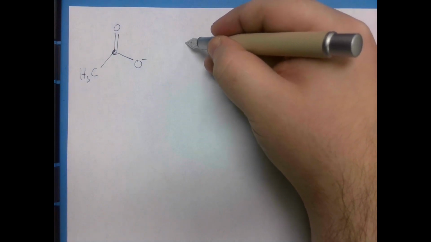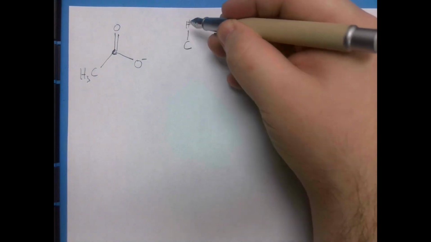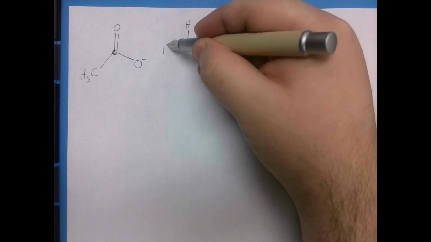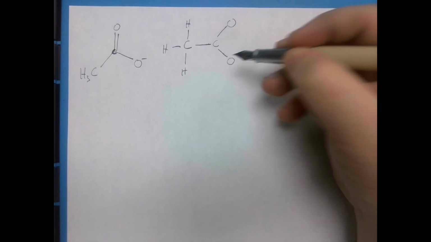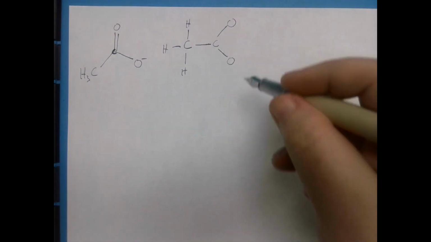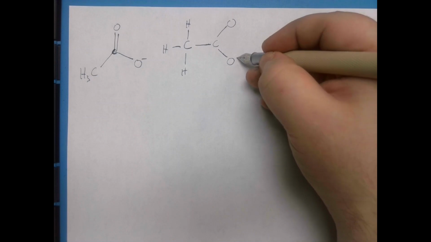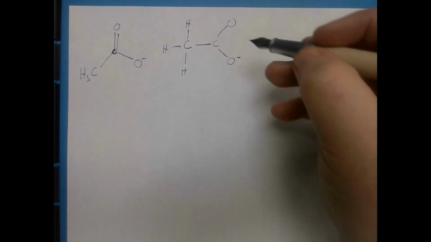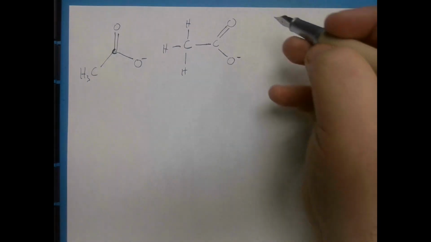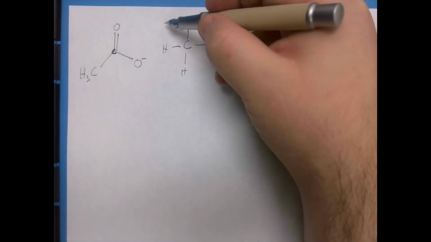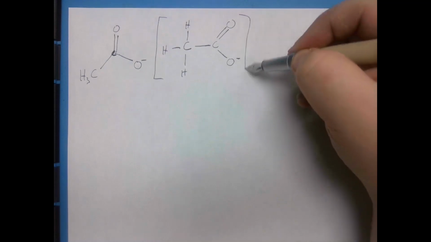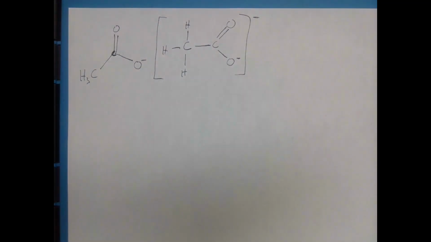Looking at more from a lower level, and usually we omit extra lone pairs and stuff. But basically this oxygen has an additional electron. The proper way would be to put brackets around it.